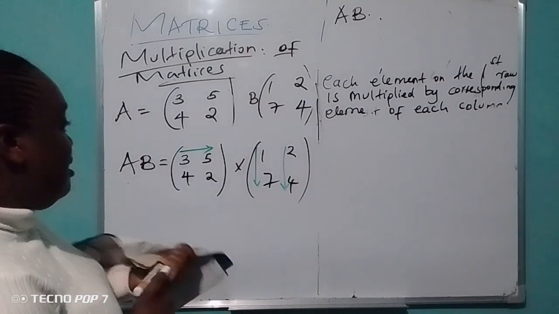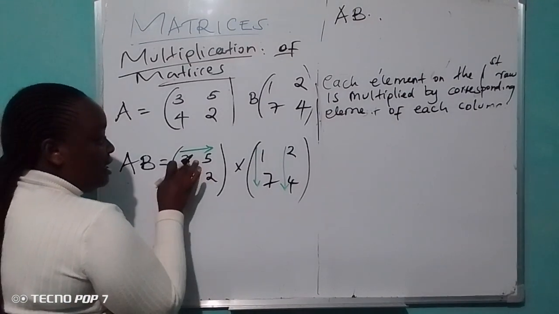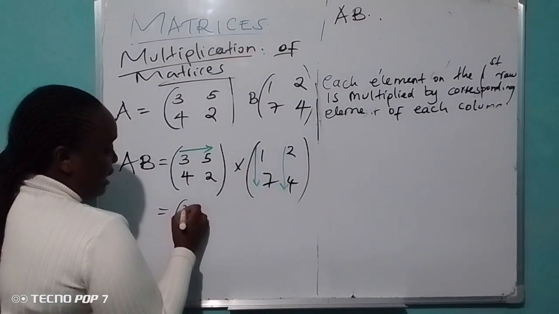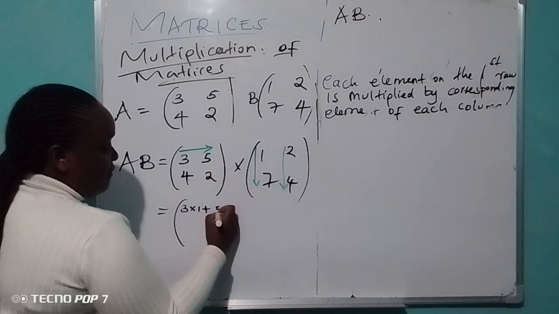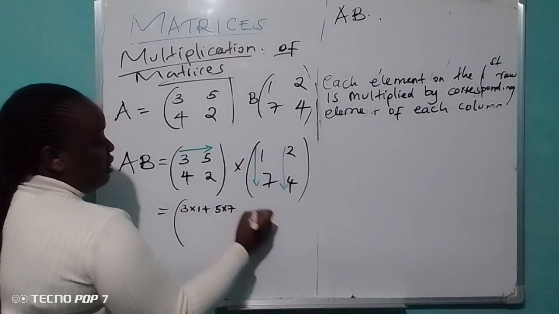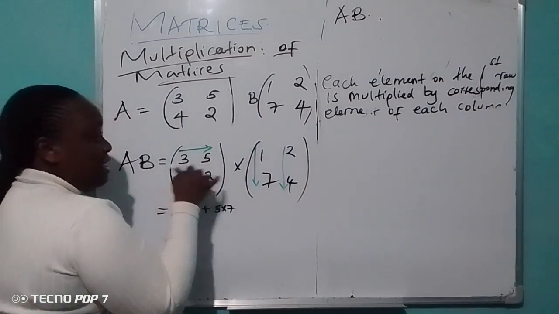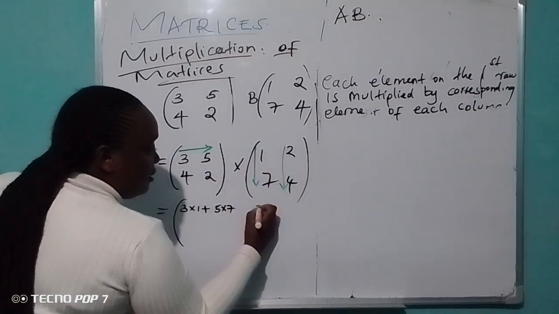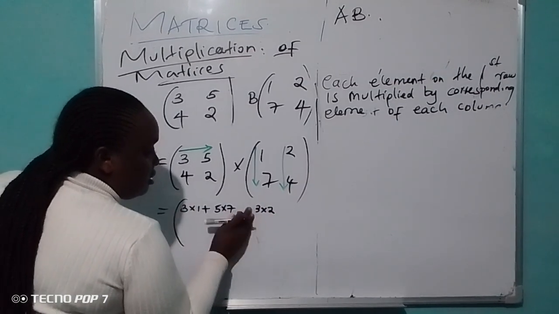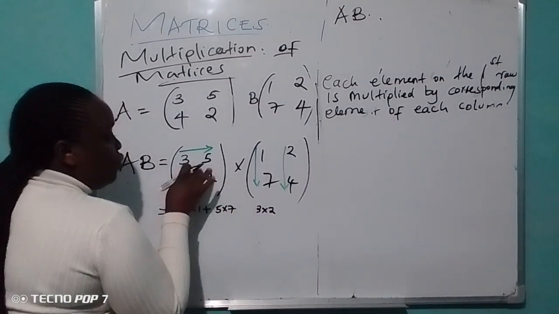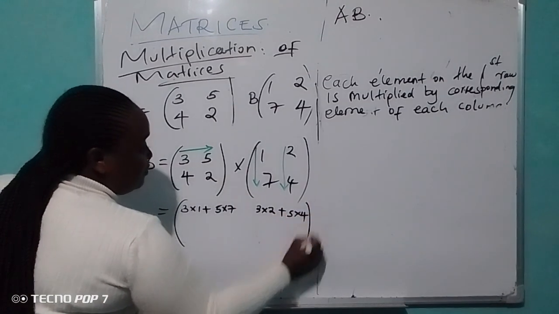So tutaanza by saying 3 times 1 plus 5 times 7. Sindio? Tunaenda kwa the second column, 3 times 2 plus 5 times 4.